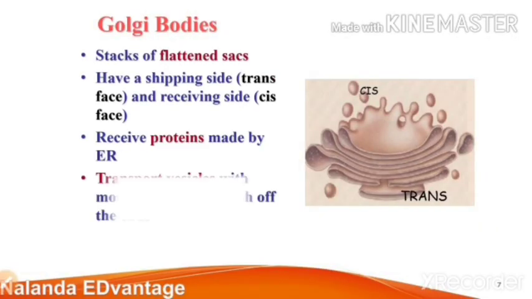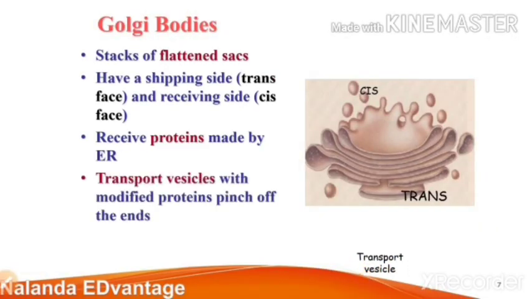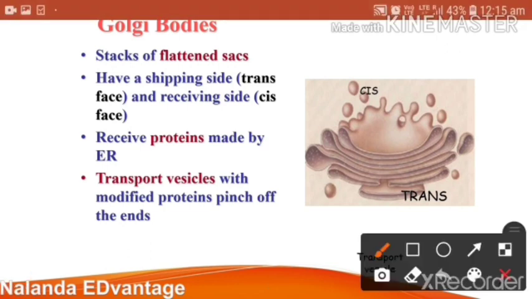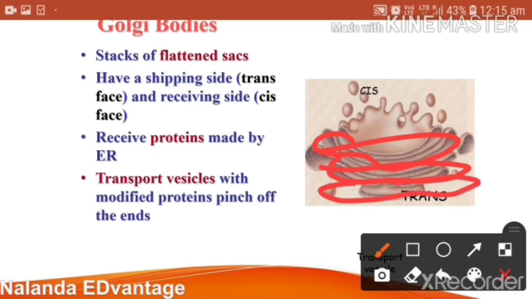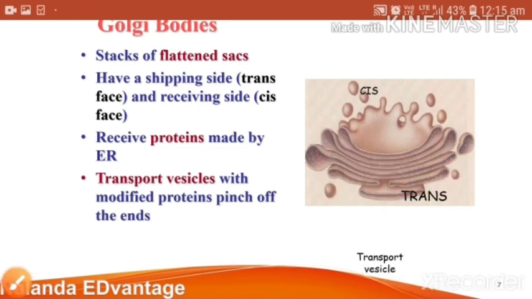Now let's learn about Golgi bodies. As you can see in this diagram here, they are stacked one over each other, and they have a shipping side, the trans face, as well as the receiving side, which is known as the cis face. They receive proteins which are made by the ER, and they transport vesicles which are modified proteins, and they pinch off at the ends.